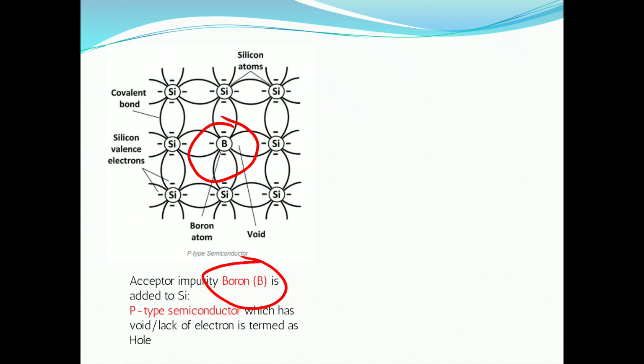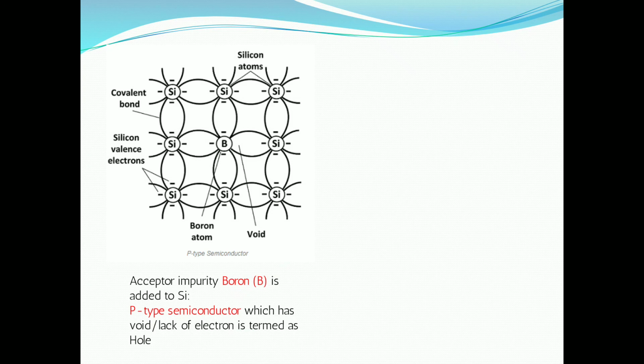So what happens eventually? This boron is a trivalent impurity and it has only 3 electrons to share with the nearby atoms. So there is a lack of electron in this case, and this lack of electron is termed as a hole, or this is termed as a void.